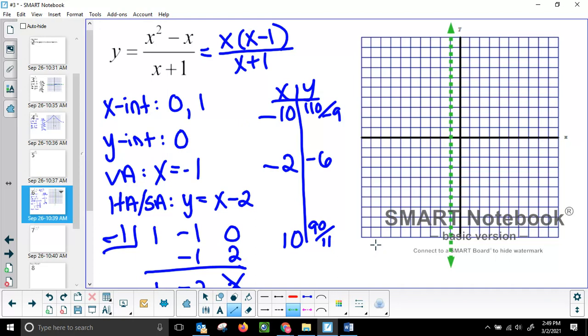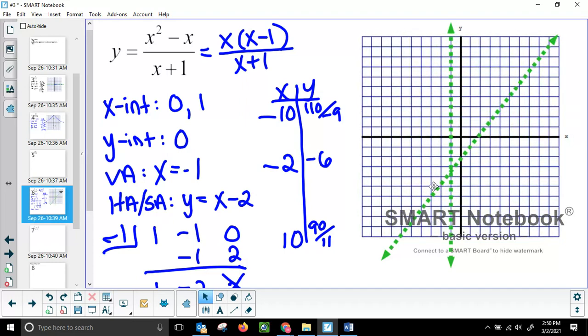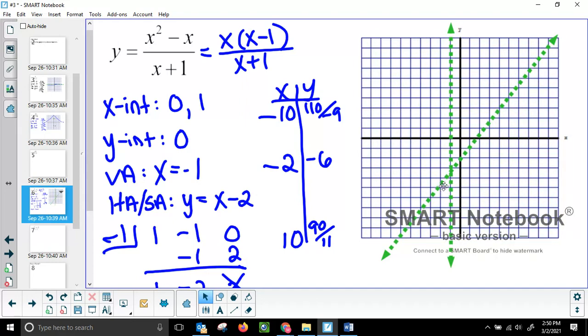So we should just be able to go here and do something like this. So that's the line. Whoops, I'm an idiot. This one needs to come down. There we go. So that's y equals x minus 2. There we go. So there are our asymptotes.